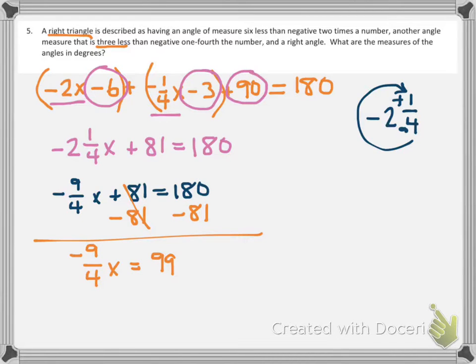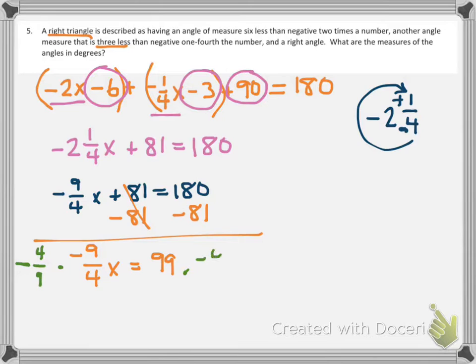And then I will multiply by reciprocal. So when I multiply by reciprocal, I'm also multiplying by a negative 4/9. Okay, and that's going to be important that we recognize that that has to be also a negative, because when we multiply it will give us a positive x. And on the other side, we'll do the same thing.